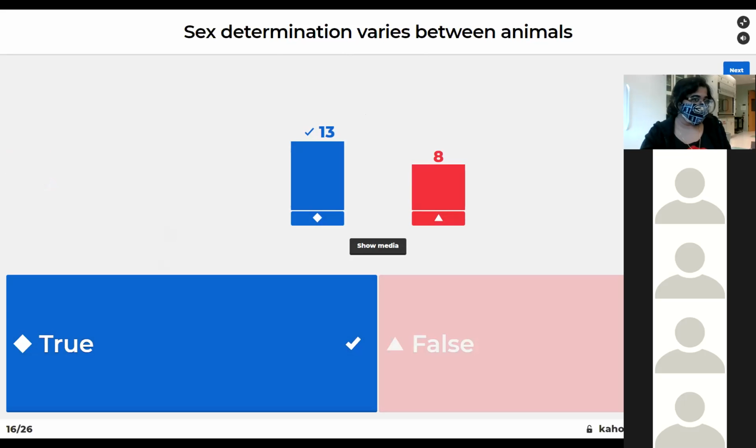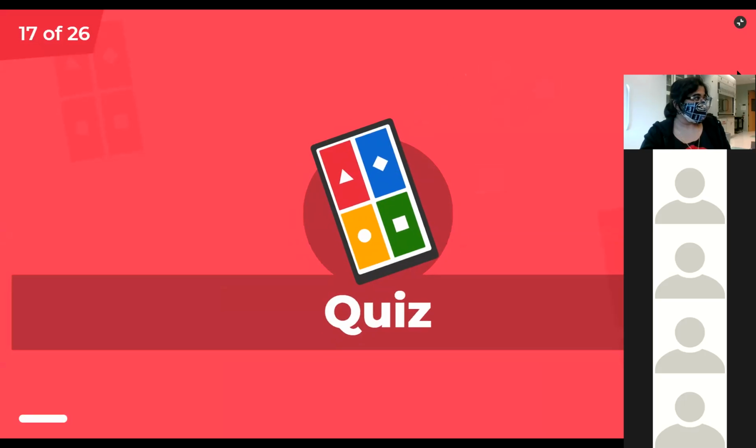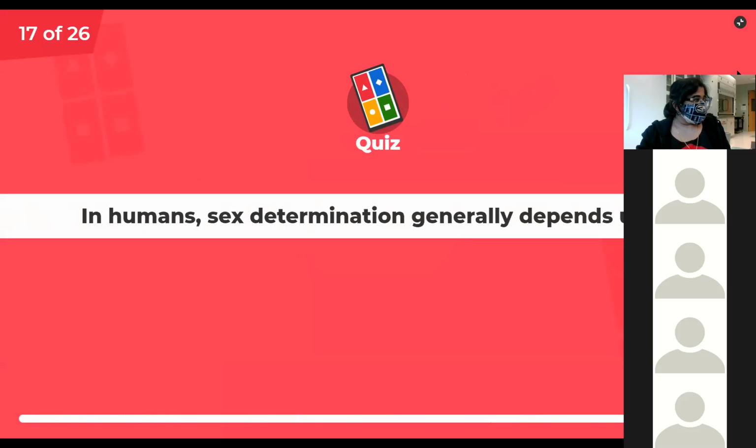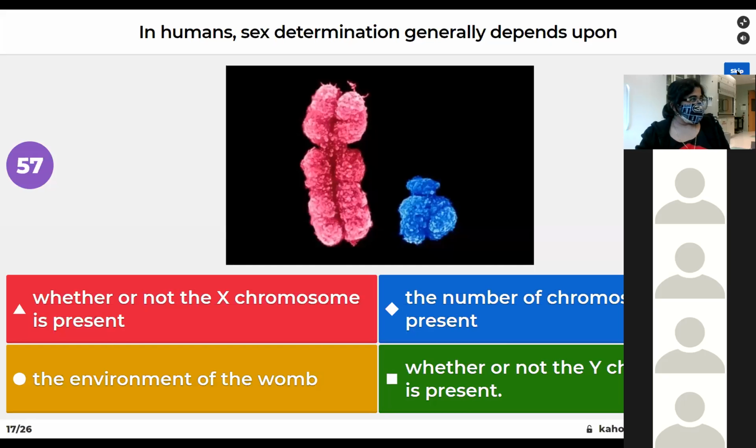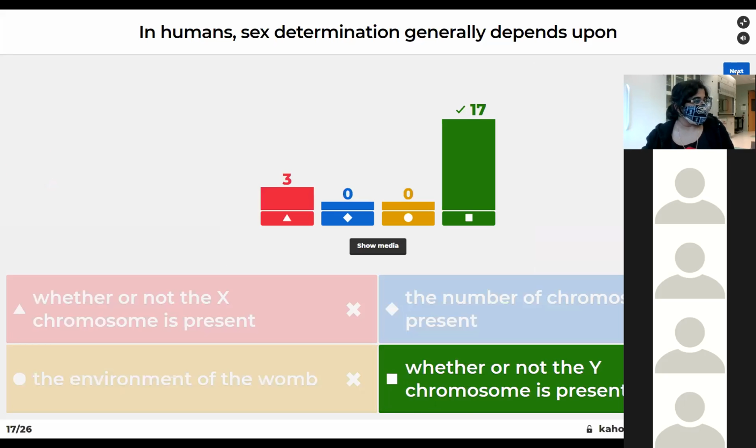Does that make sense? In humans, sex determination generally depends on, good, it all depends on if we have a Y chromosome or not, right?